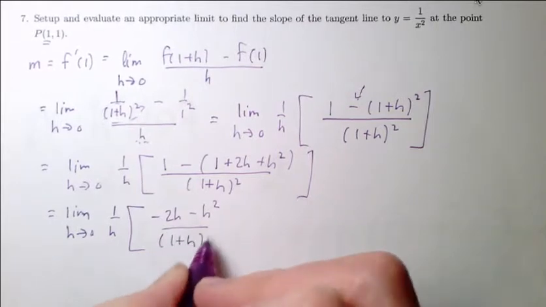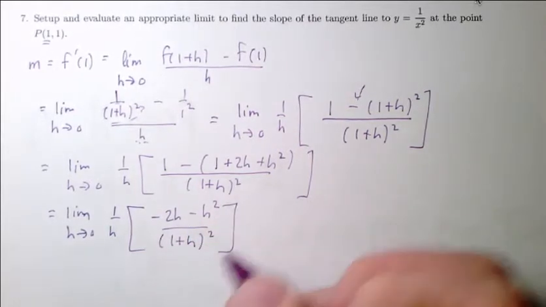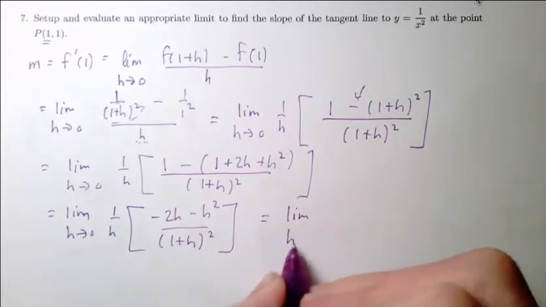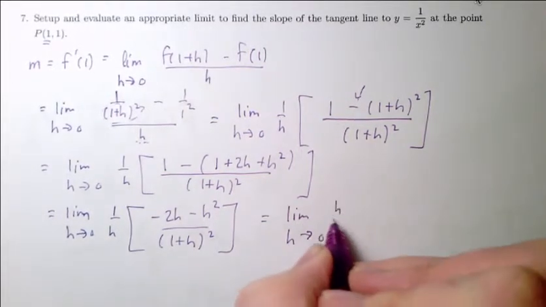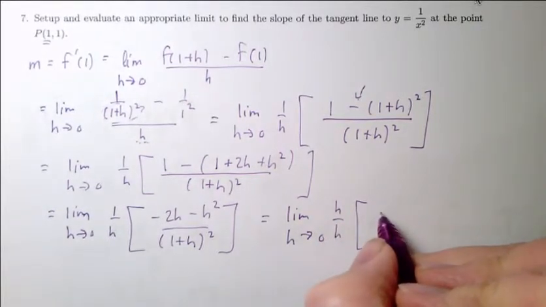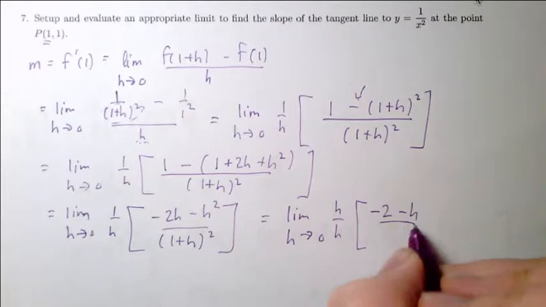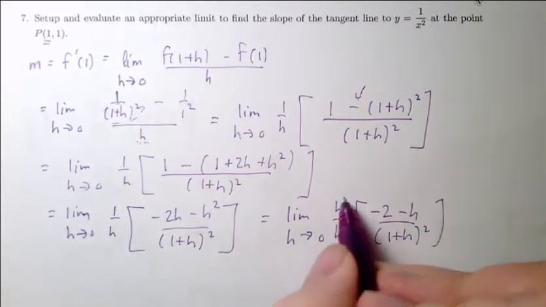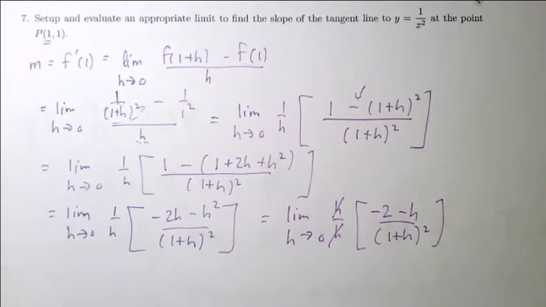And I see that I can cancel out the bad h. I've got a common h here, which I'll factor out. Now that I've canceled the bad h, I can use direct substitution to allow h to go to 0.